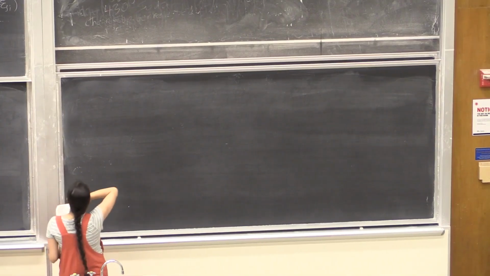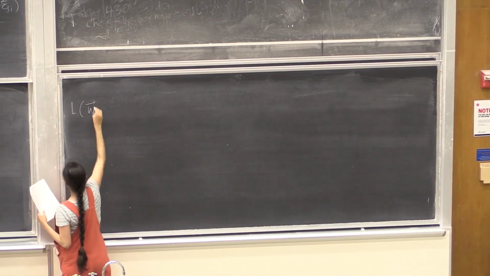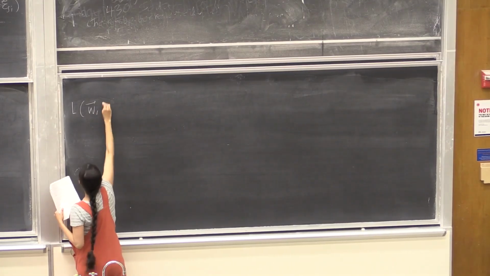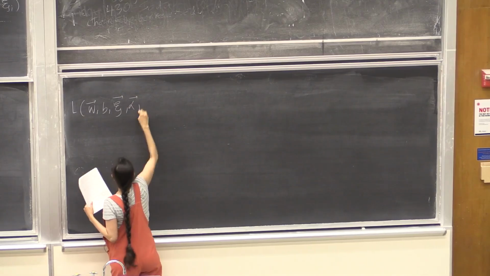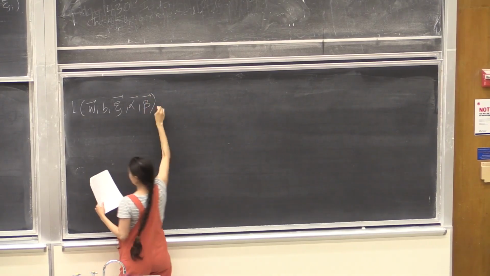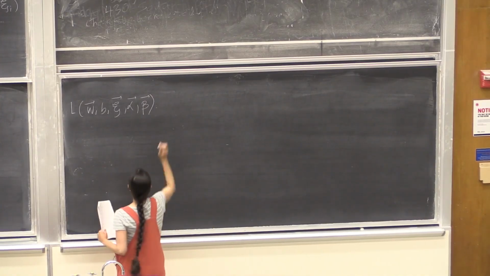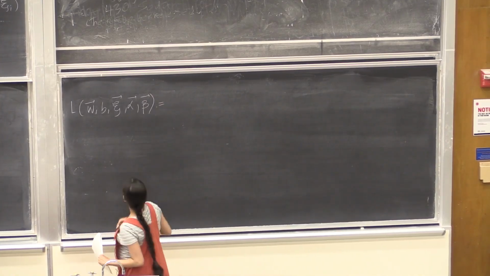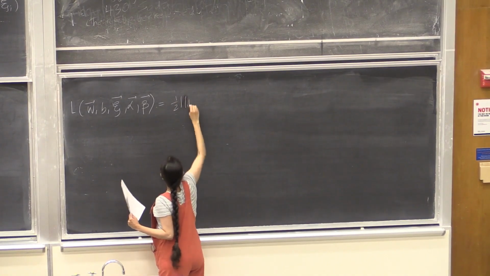Let's substitute this back in. So let's now consider the Lagrangian W, B, psi, alpha, beta. Okay? Which I have up there. And now I have this 1/2 norm W squared.